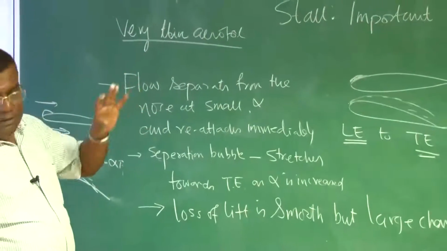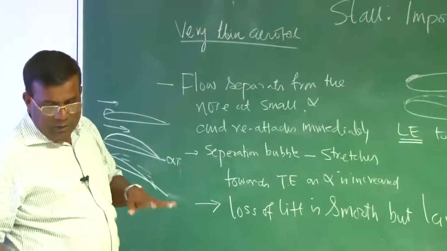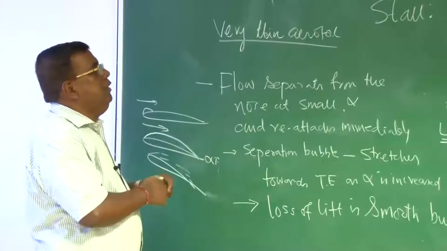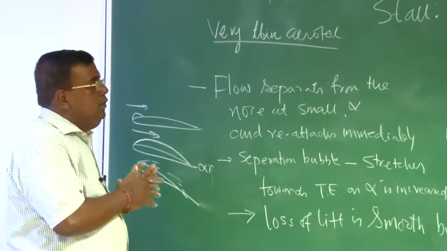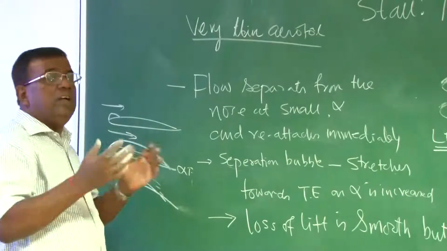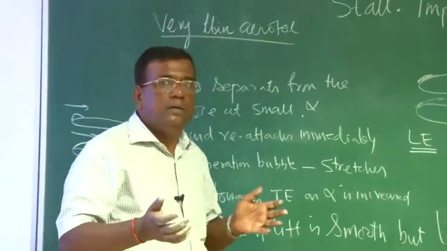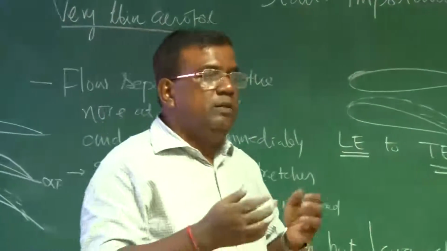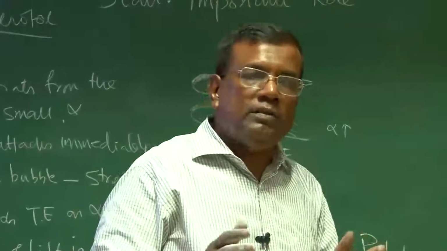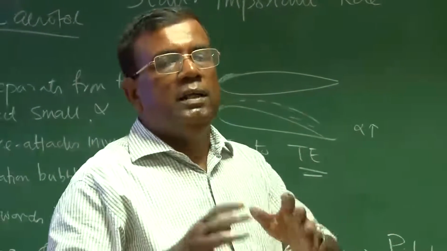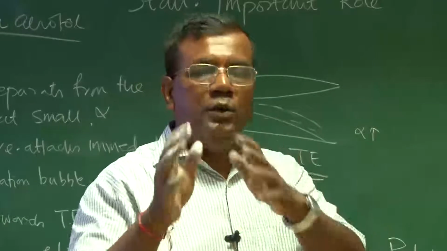So this is the perception or knowledge base shared by Raymer. And as a designer, you need to see this vis-a-vis the aerodynamic characteristics of different aerofoils, right? And you sit with an aerodynamist and talk to him, what does it mean? How do I customize my aerofoil so that this thing doesn't happen or this thing should happen?